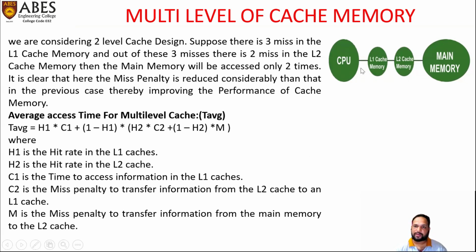C2 is the miss penalty required to transfer data from L2 to L1. Similarly, if we are also using L3, then there would be C3 too. And M is the miss penalty to transfer information from the main memory to the L2 cache, or from the main memory to the L3 cache if we are using it.